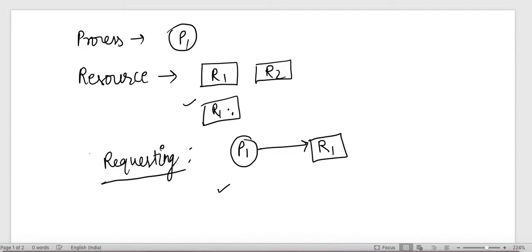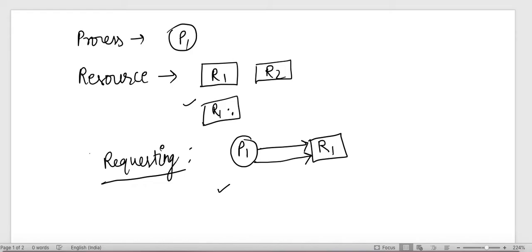Got it? And let's suppose I write like this. What does it mean? It means process P1 is requesting two instances of resource R1. Got it?